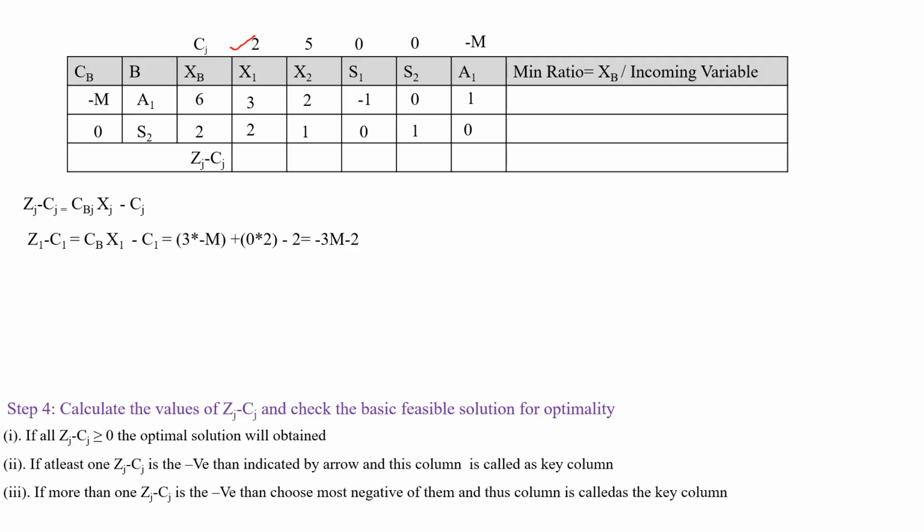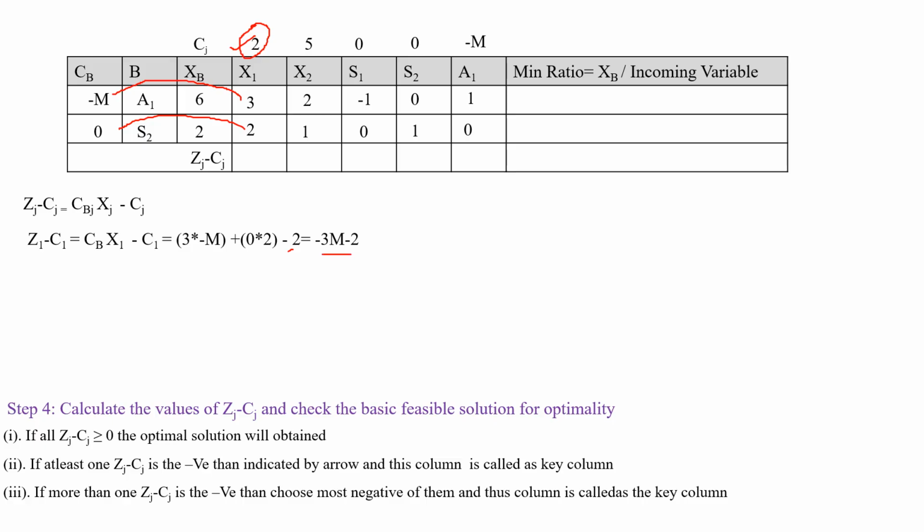So that is Z1 minus C1 equal to CBX1 minus C1. So CBX1 will become 3 into minus M plus 2 into 0, minus C1, which is minus 2. So its value will become minus 3M minus 2.